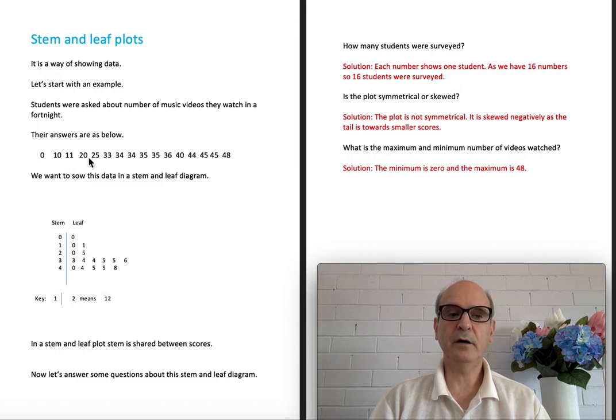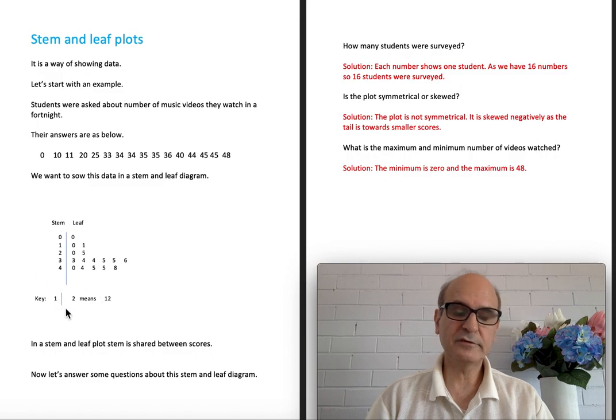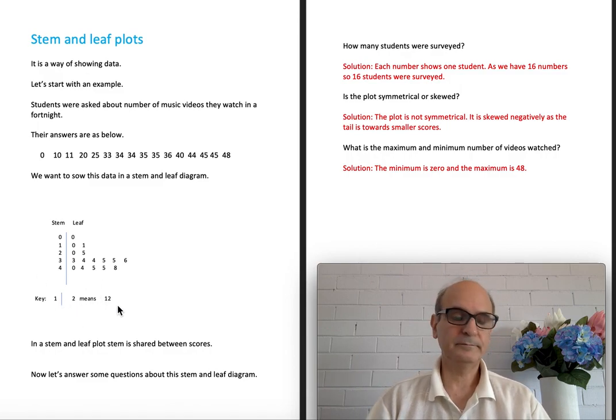If in my scores I had, for example, 1.2, still it would have been shown as 1 on stem and 2 on leaf. But then in my key, I should say that this means 1.2, not 12. So in a stem and leaf plot, stem is shared between scores.